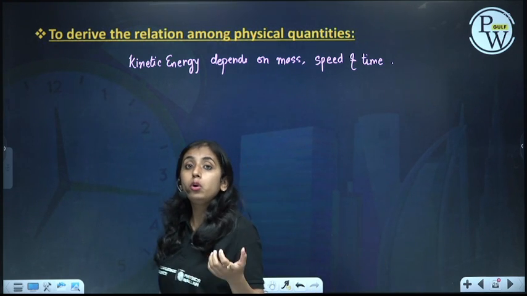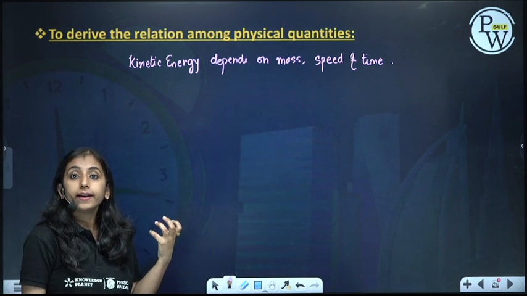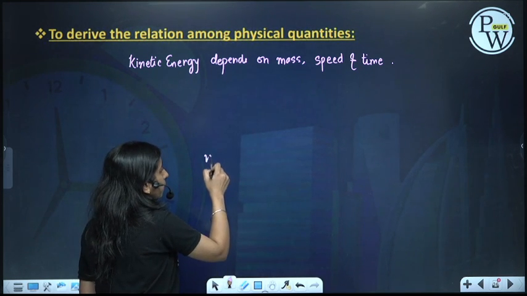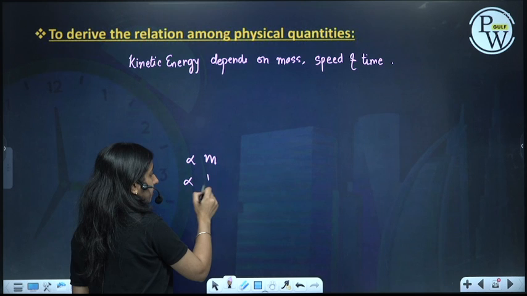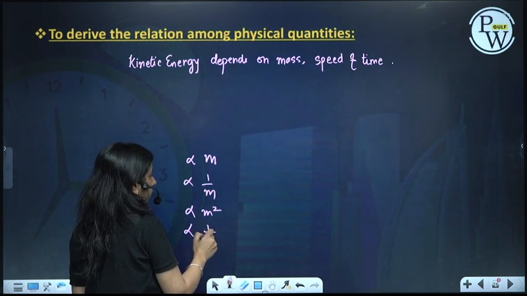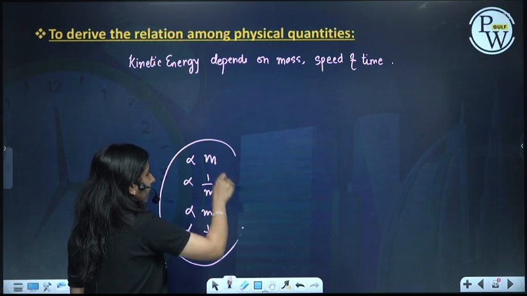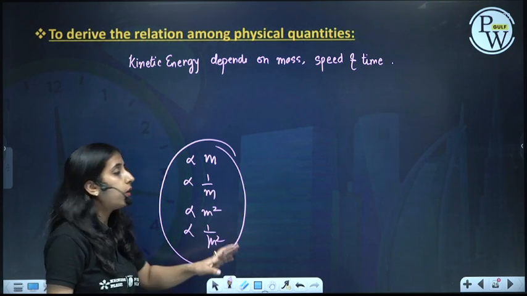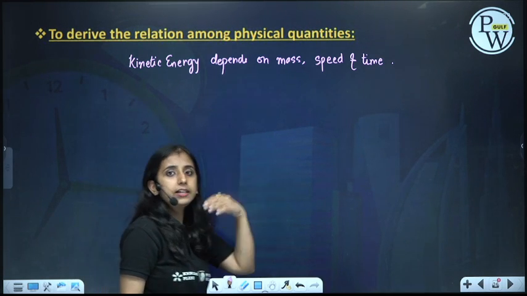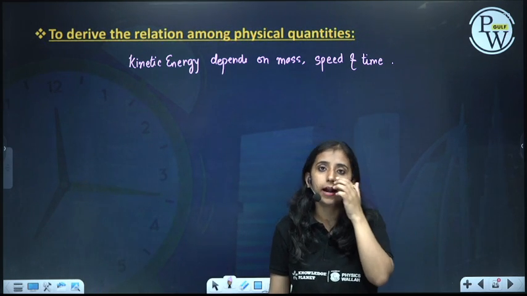But we don't know how this kinetic energy is dependent upon mass, whether it is directly proportional to mass, inversely proportional to mass, directly proportional to mass square, inversely proportional to mass square or any other. We just know that it is dependent upon mass, speed and time.